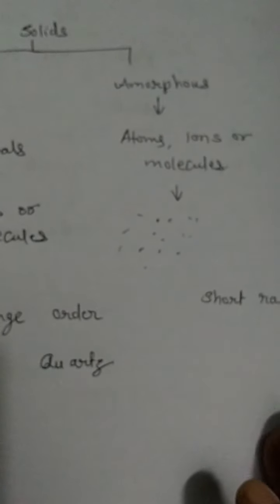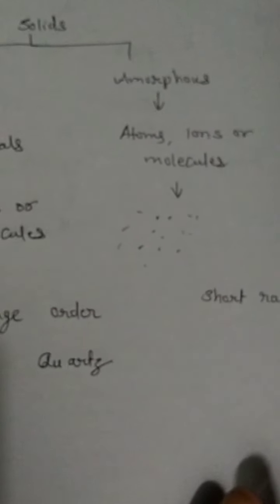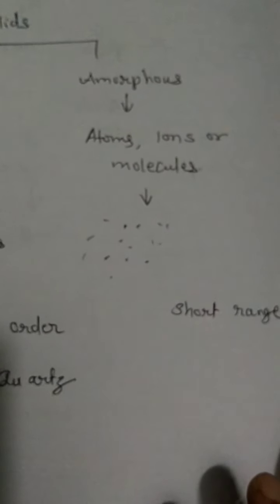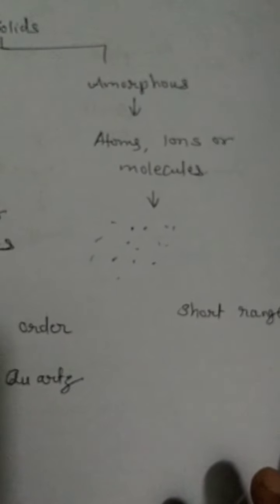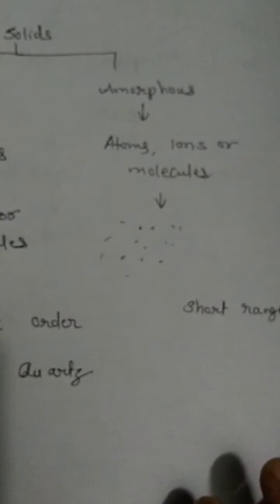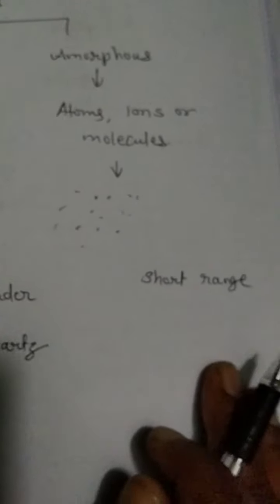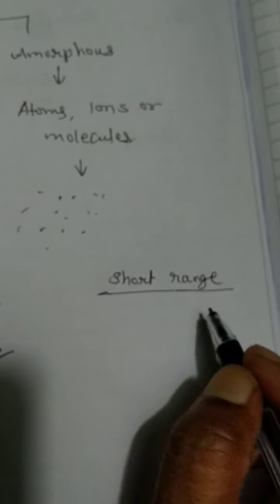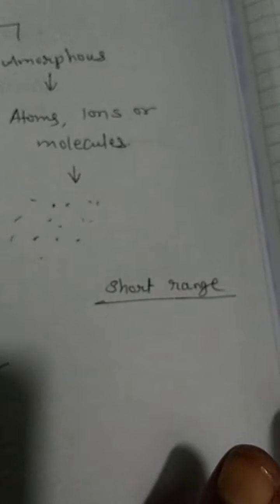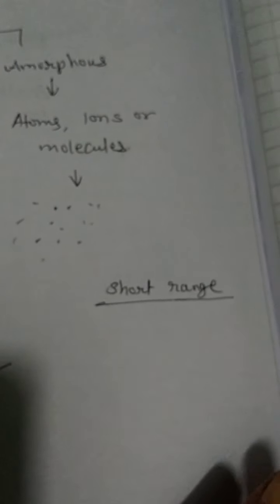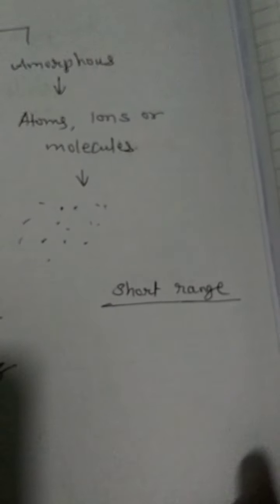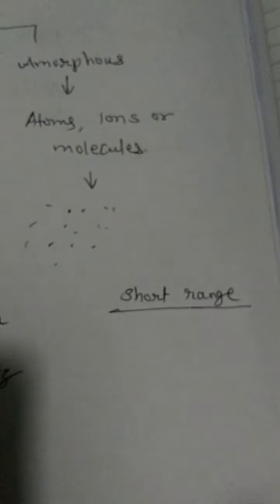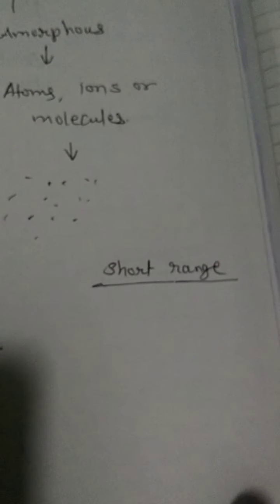In such an arrangement, a regular and periodically repeating pattern is observed over short distances only. Clear? Such portions are scattered and in between the arrangement is distorted.